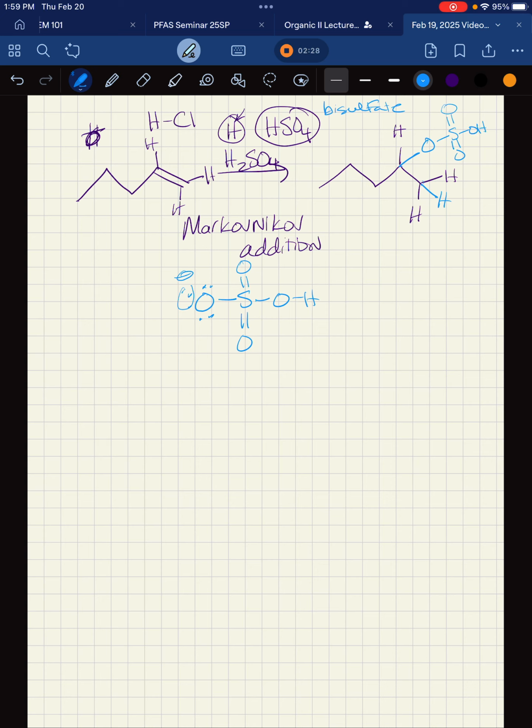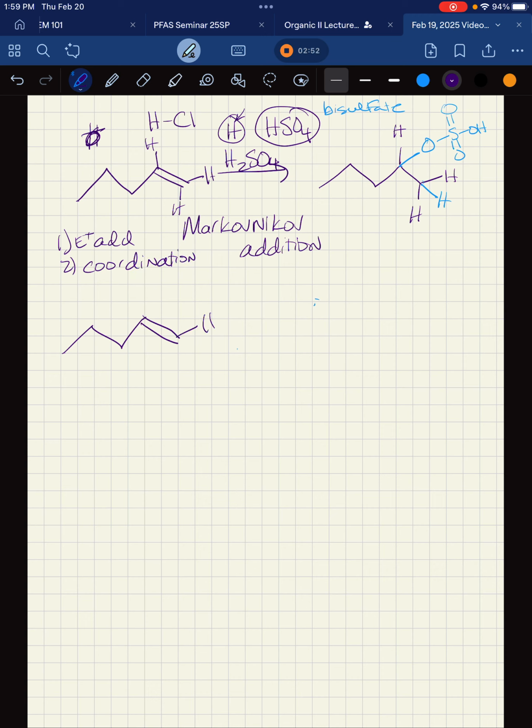If we want to go through the mechanism, however, we can do that. We know the mechanism for this is going to be electrophilic addition, followed by coordination. So this will attack here.